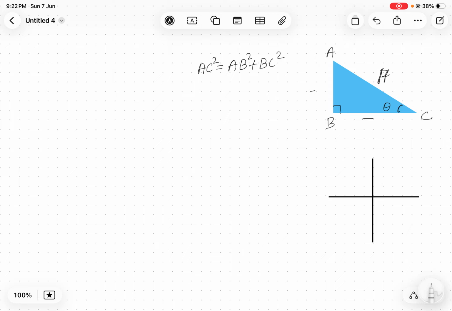If we sum that, then it will be equal to the whole square of hypotenuse.